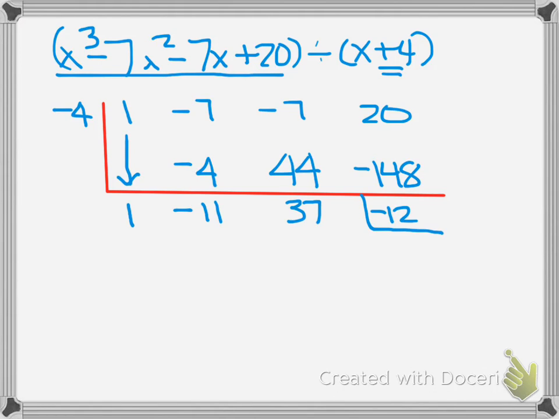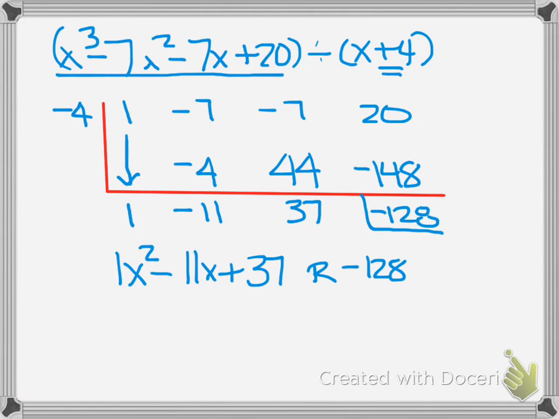This one does have a remainder. So then here comes the coefficients of our answer. So our answer is 1x squared minus 11x plus 37, and the remainder is negative 128.